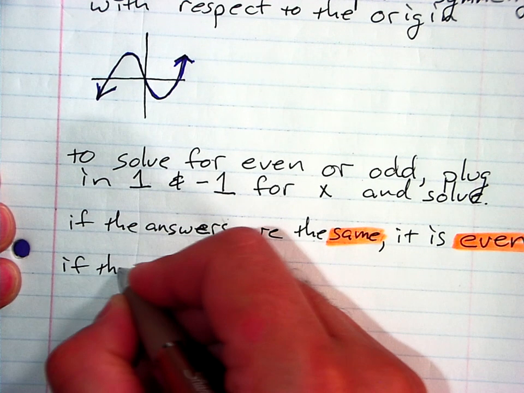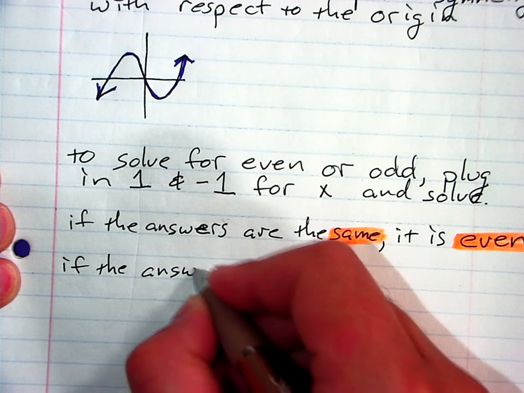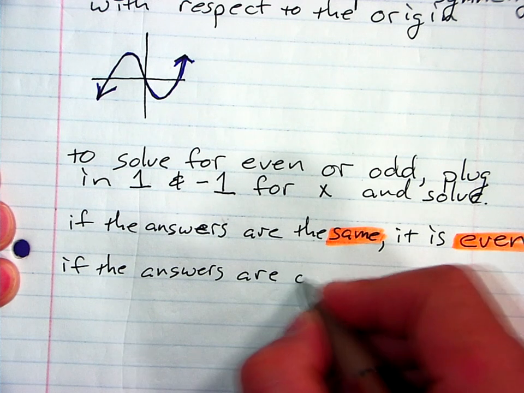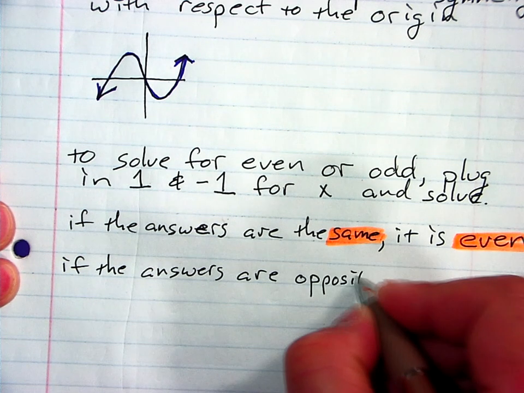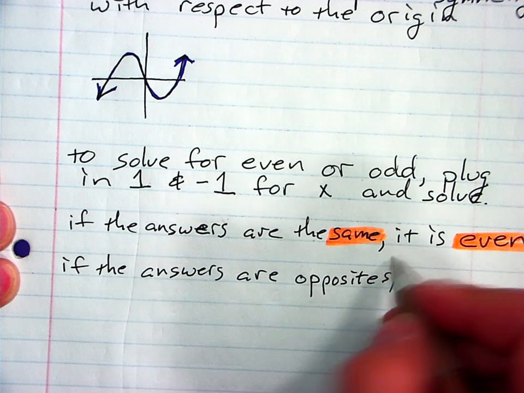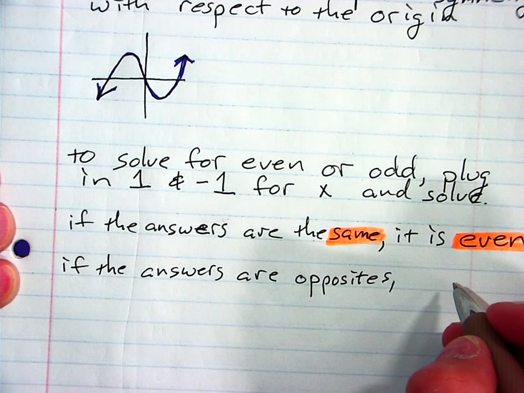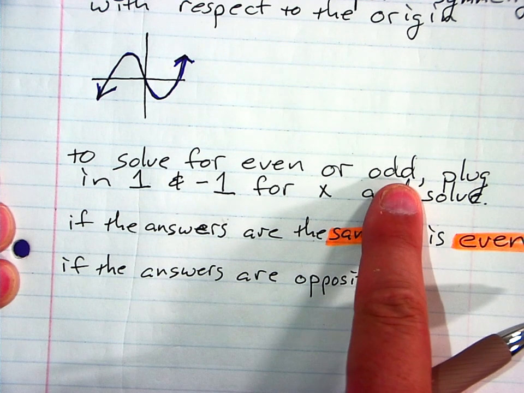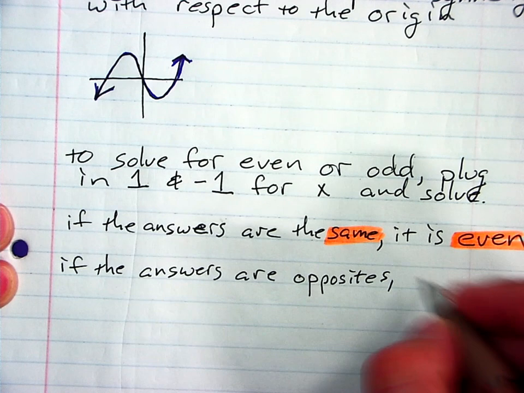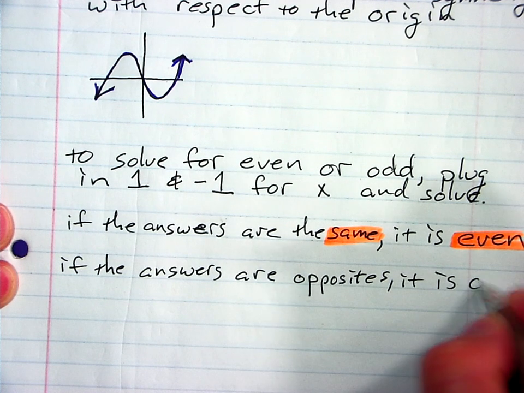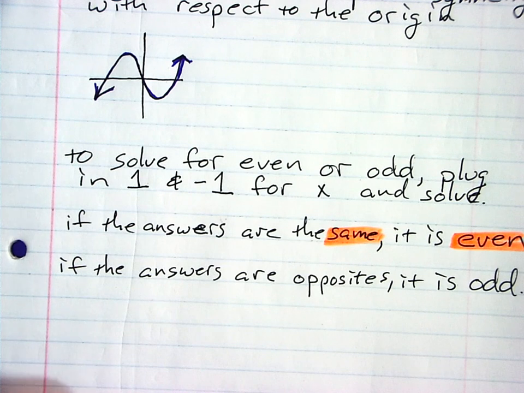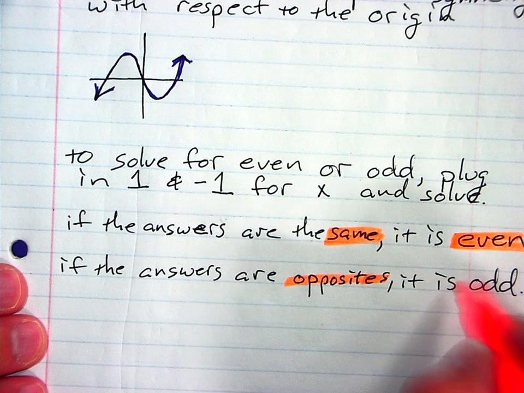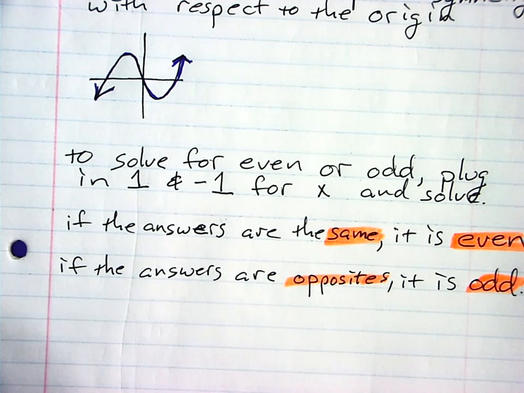If the answers are opposites, Chloe, what's my answer going to be? So if it's the same, it's even. If it's opposites, it's odd. Good job, Chloe. Yes. It is odd. So if they're the same, it's even. If it's opposites, it's odd.